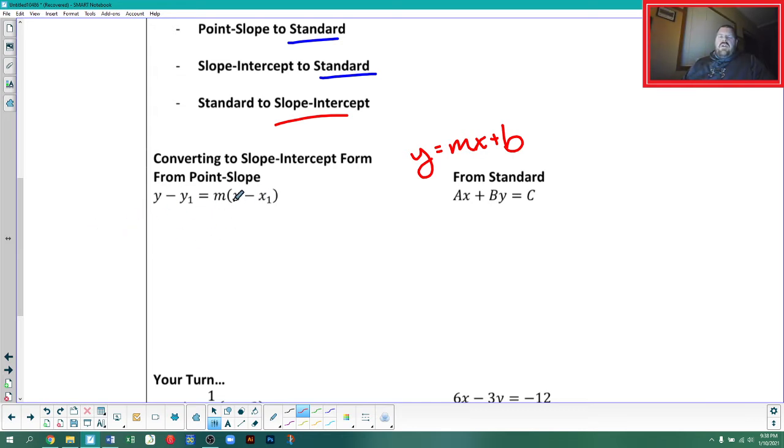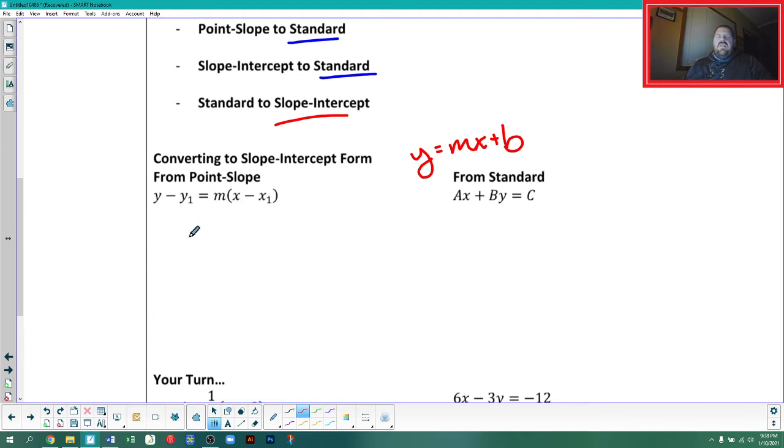All right, so when I'm looking at this equation and I want to end up with y equals mx plus b, really the only difference is that there's no parentheses and that the y is by itself, okay?